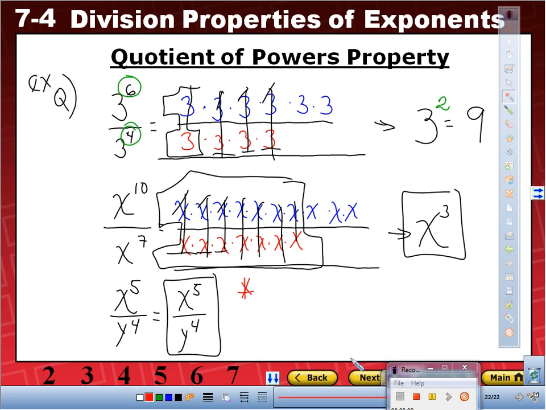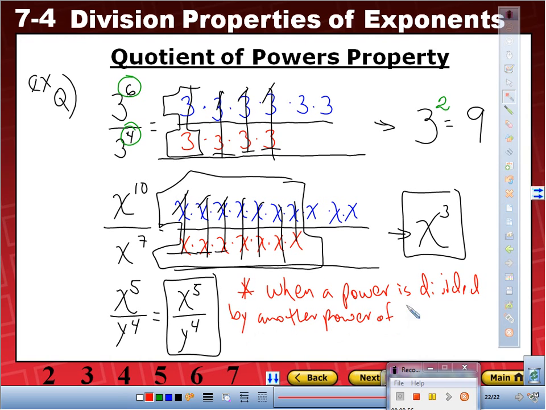Okay, so the rule is: when a power is divided by another power of the same base, what do we do?